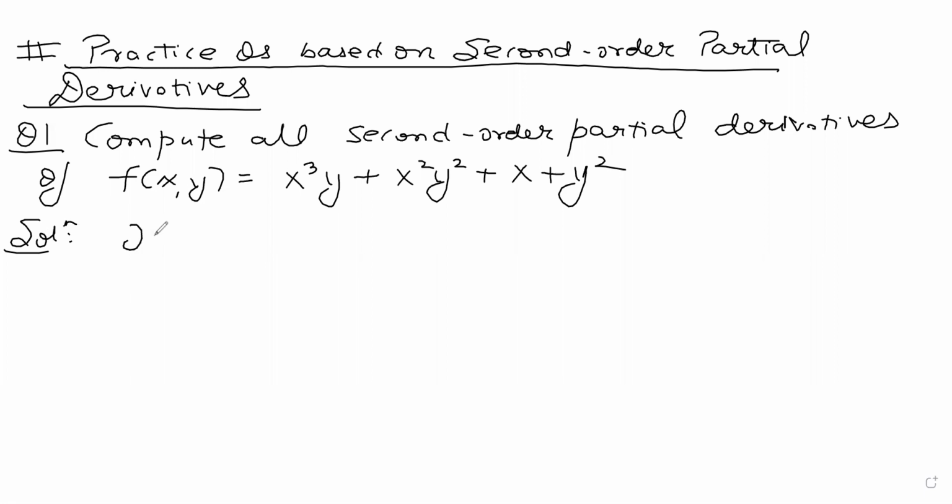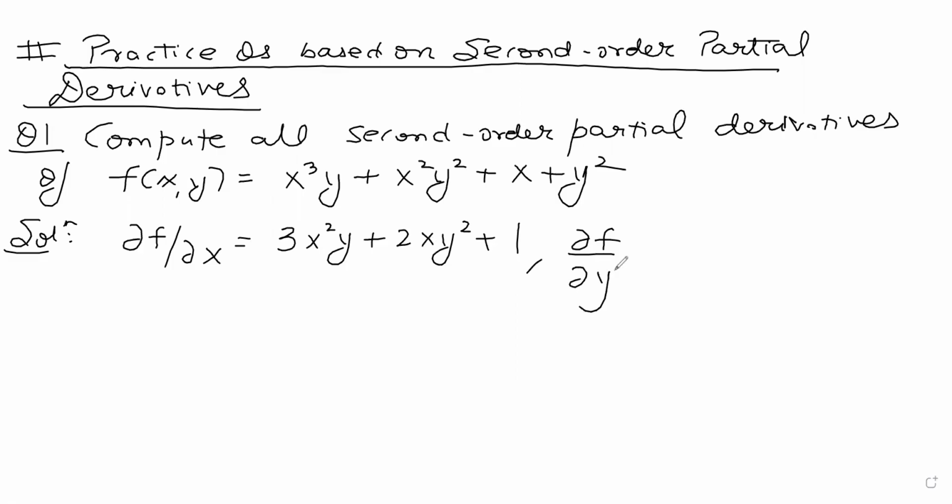So first of all, del f by del x will be differentiate the expression with respect to x, keeping y constant. 3x square y plus 2xy square plus 1. And let's quickly find out del f by del y also. It's going to be x cube plus 2x square y plus 2y. Okay, now from these first order partial derivatives, we can find all the second order partial derivatives.